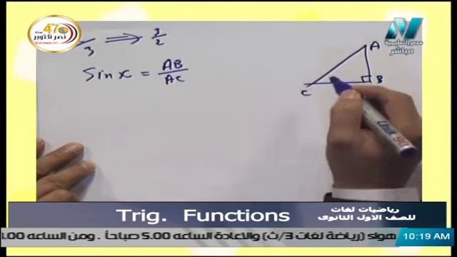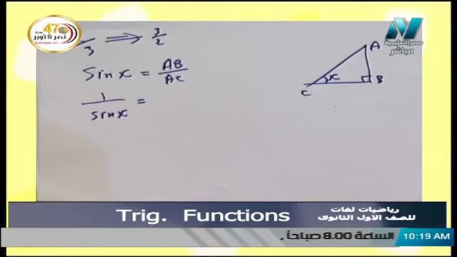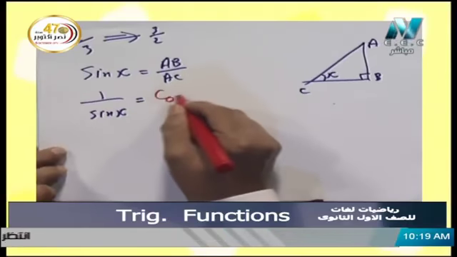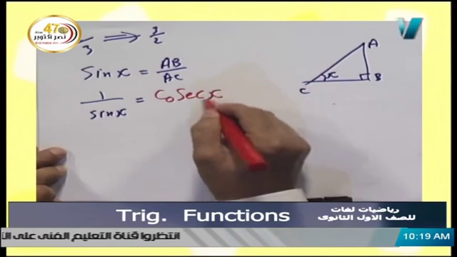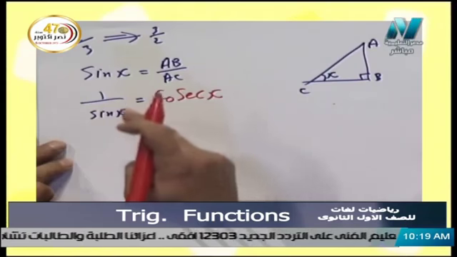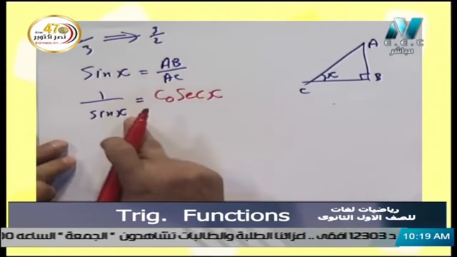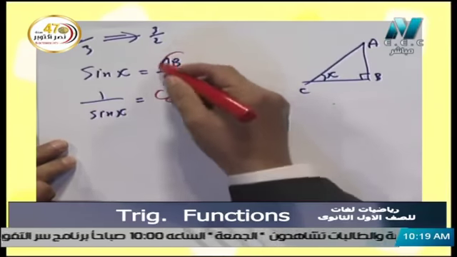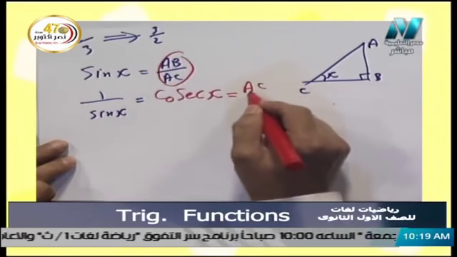So sine x is AB over AC, opposite over hypotenuse, and its reciprocal will be 1 over sine x, and we call it cosec x. Cosec x here equals 1 over sine, the reciprocal of the sine function, and of course it equals AC over AB.